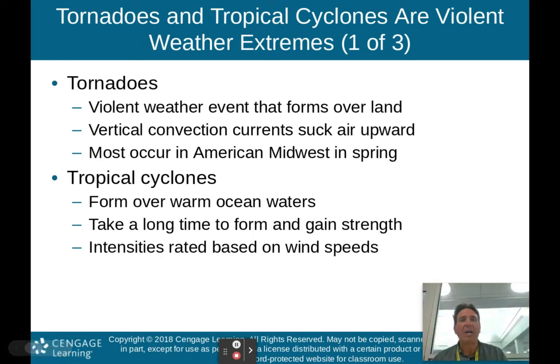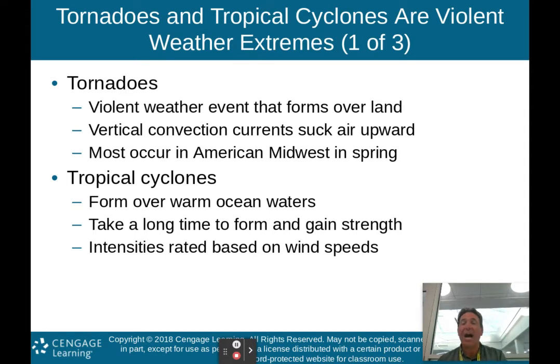Okay, moving on. Tornadoes and tropical cyclones are violent weather extremes. We'll talk a little bit about tornadoes, and another word for tropical cyclones would be hurricanes. Tornadoes are violent weather events that form over land. Vertical convection currents suck air upward, and most occur in the American Midwest in spring, known as Tornado Alley: Oklahoma, Kansas.